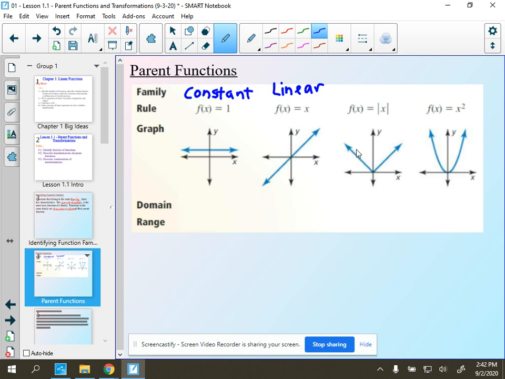It's a line with a slope. The slope of this line would be 1. Y equals mx plus b is that old form that we're hopefully pretty comfortable with. Our slope here is 1. That's our parent function. The third one here is what we would call the absolute value family. So that's the name of that family. Very different looking graph.